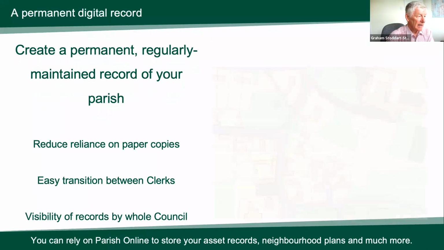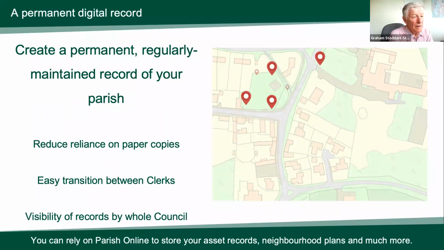So what you're doing is basically moving everything out of the paper filing cabinet into a digital system that you can get access to at any time. So one of the advantages of this is available 24/7. Another one is that you can have lots of users in the system at the same time. So you're not fighting to give bits of paper to people.